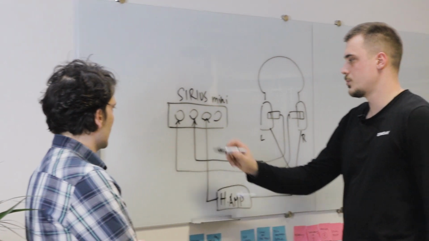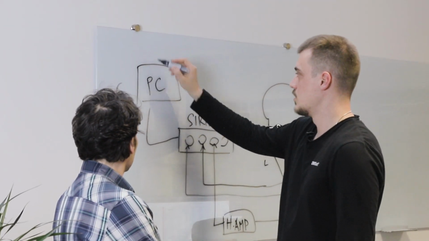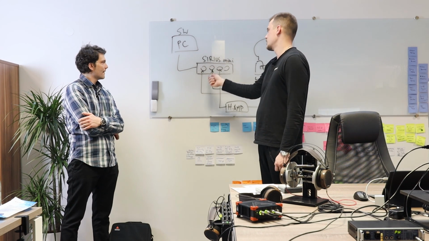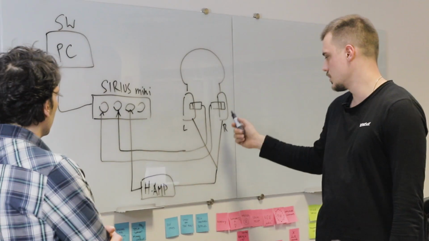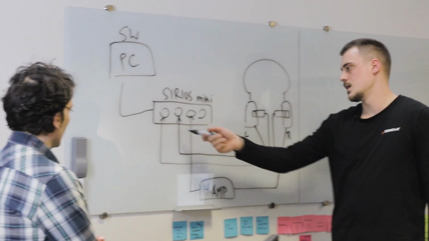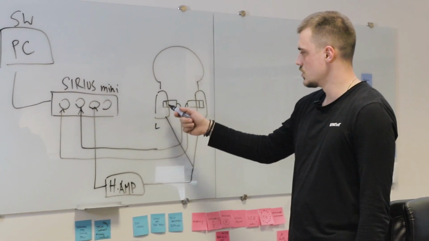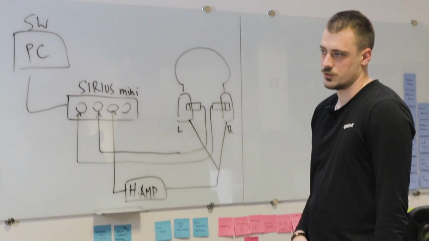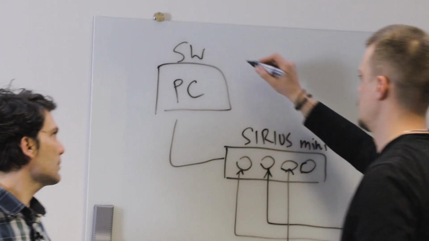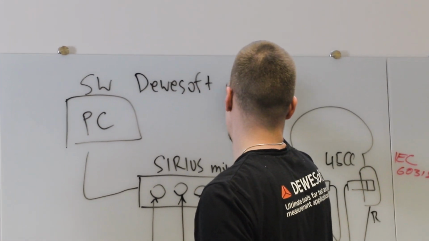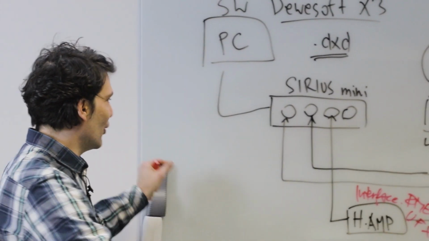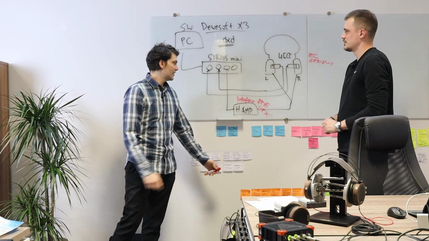So now on the PC, where we run the software, we will be able to compute the transfer function for each ear individually, because we know exactly what kind of signal is exciting the headphones, and we can also measure the response directly from the microphone. On the software side, we're running Dewesoft X3. So now let's try to put that into real world, connect all the cables and see if it works.